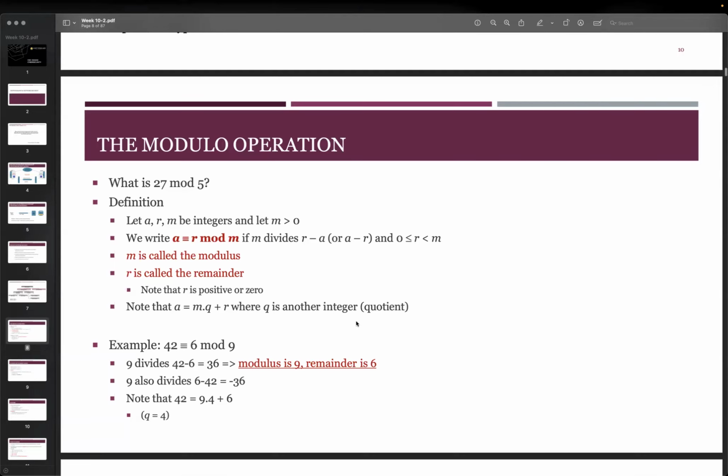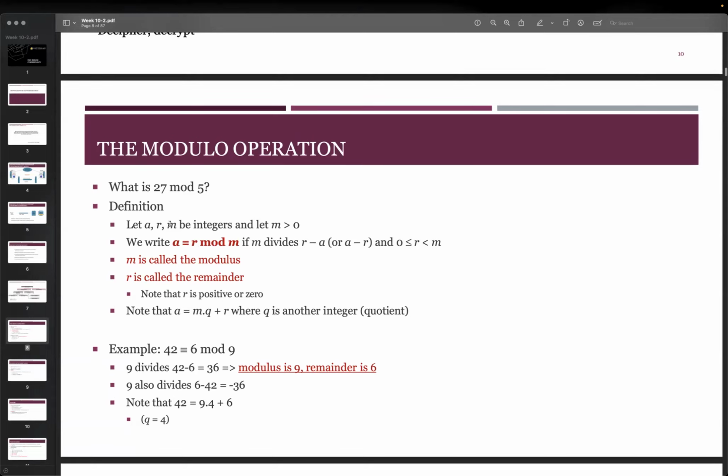When we ask what 27 mod 5 is, or if you are writing a program and see the percentage sign, we call it modulus. It's the same. Let's say we have A, R, M, and they are all integers, and M should be greater than 0.